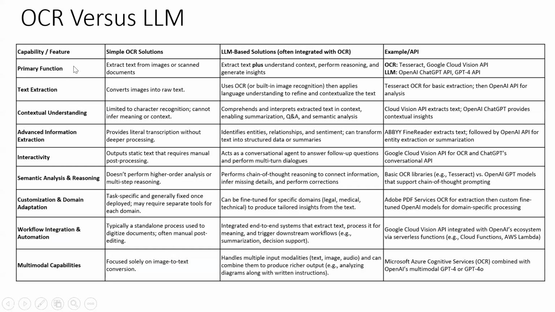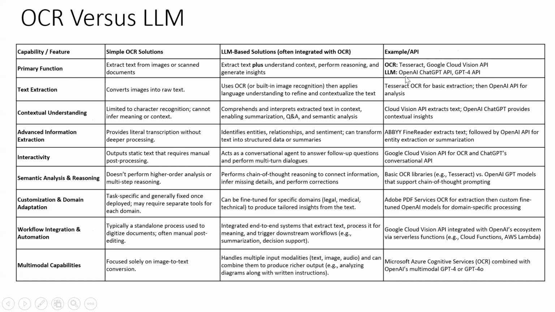First of all, what is the difference between OCR and an LLM? If you want to do OCR of any image with the help of an API like Tesseract or Google Cloud Vision APIs or Azure's API, how is it different from using a multimodal LLM? That is what I tried to capture.